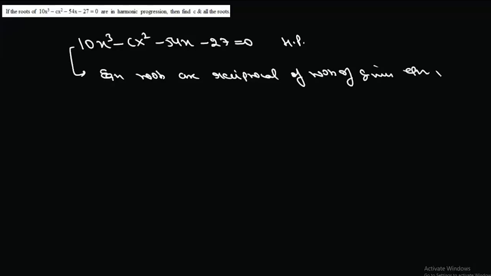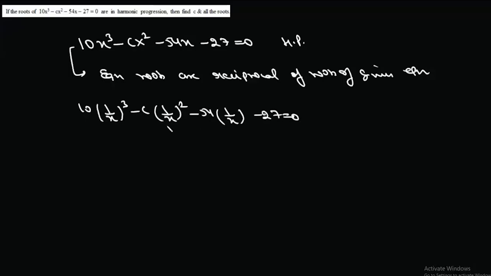So for this, what we simply do is we'll replace x with 1 by x. So we can write 10 1 by x cube minus c 1 by x square minus 54 1 by x minus 27 equals 0.